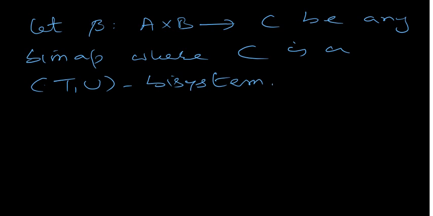We need to show that there exists a map from A tensor B over S to C. So let's try to define that map.